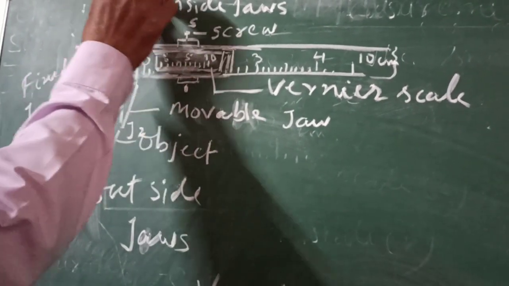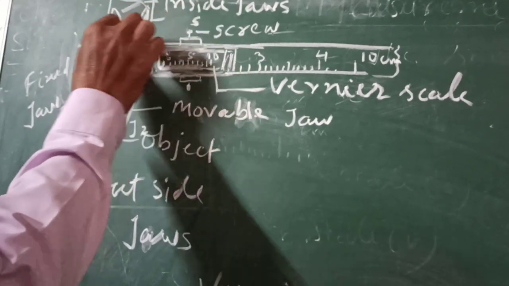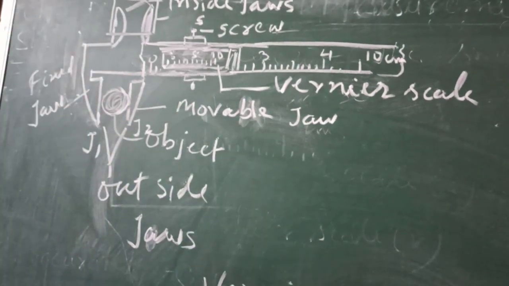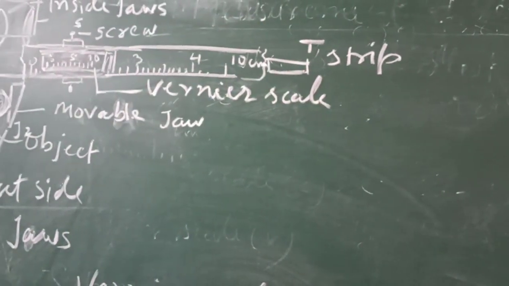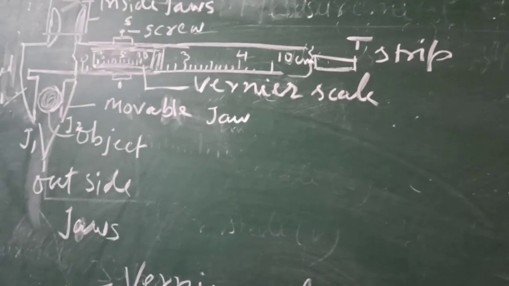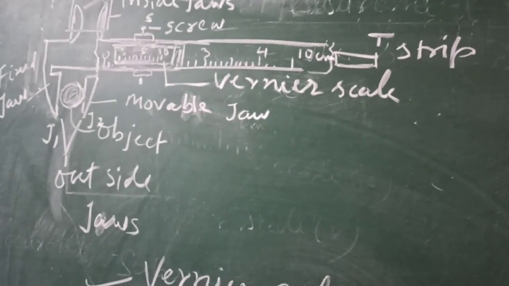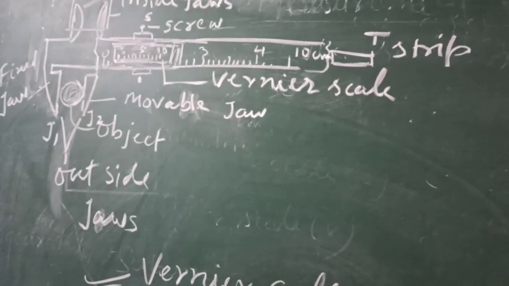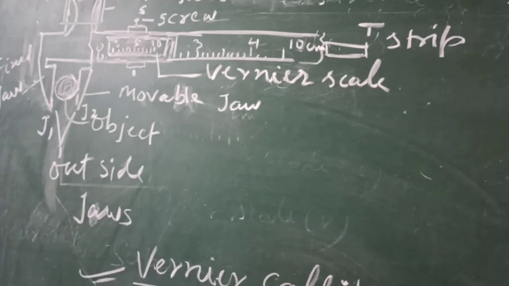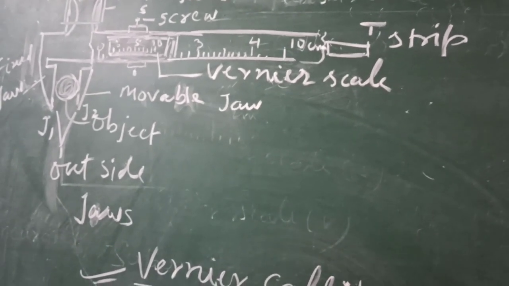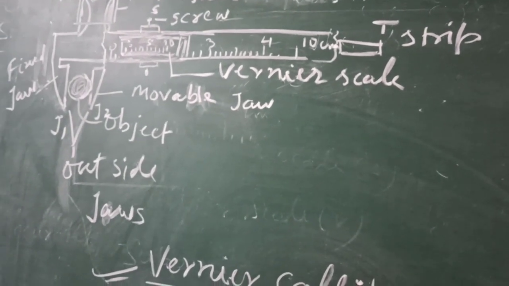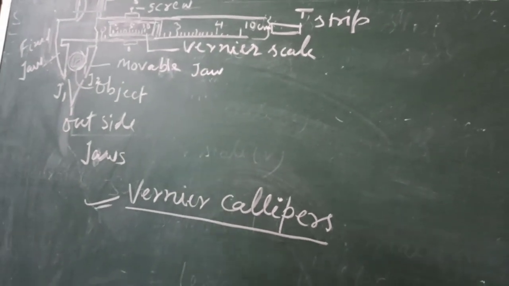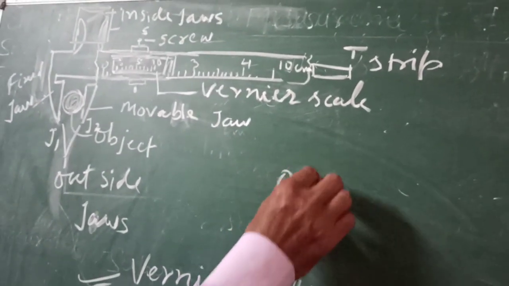Keep this side inside. Strip T: to measure the depth of a beaker or a bottle. Main scale: to measure length correct up to 1 millimeter. Vernier scale helps to measure length correct up to 0.1 mm.